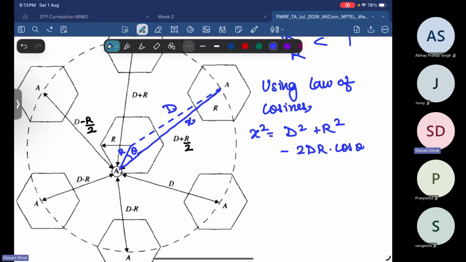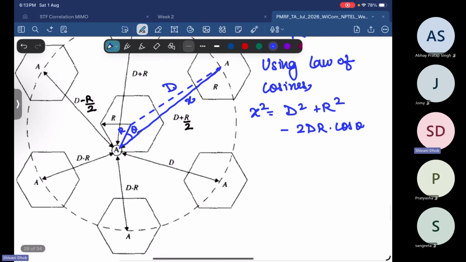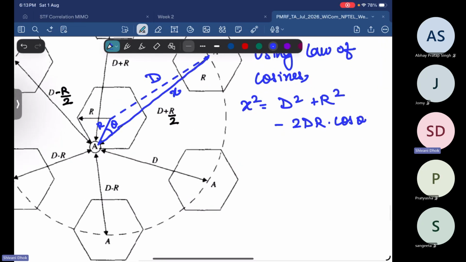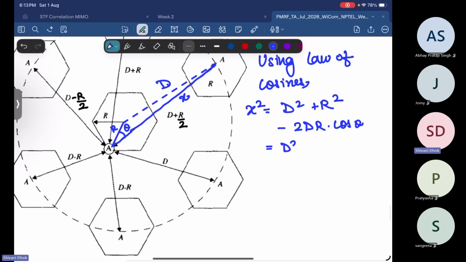And if you see, this theta is basically 30 degrees. Sorry, not 30, 60 degrees. So cos theta is basically half. So this comes out to be equal to minus dr. And then x is under root of d square plus r square minus dr.